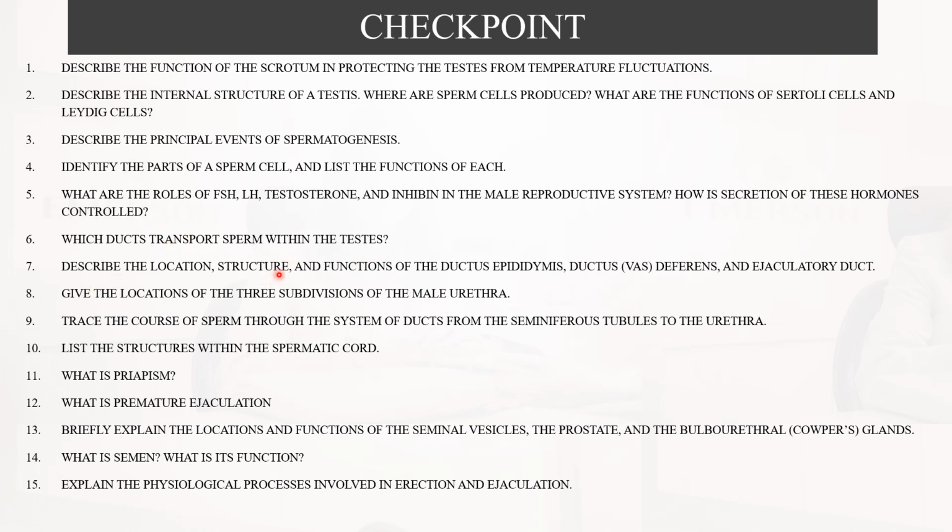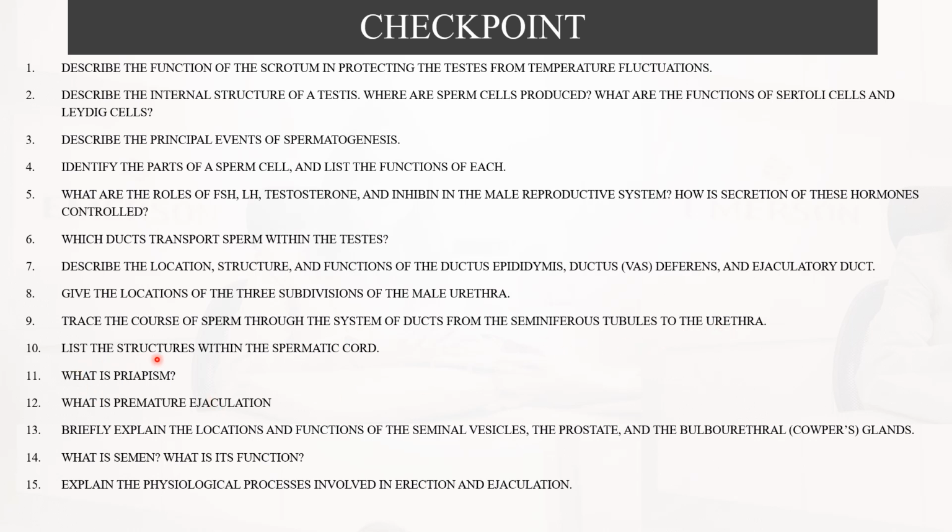Describe the location, structure, and function of the ductus epididymis, ductus deferens, and the ejaculatory duct. Give the locations of the three subdivisions of the male urethra. Trace the course of sperm through the system of ducts from the seminiferous tubules to the urethra.